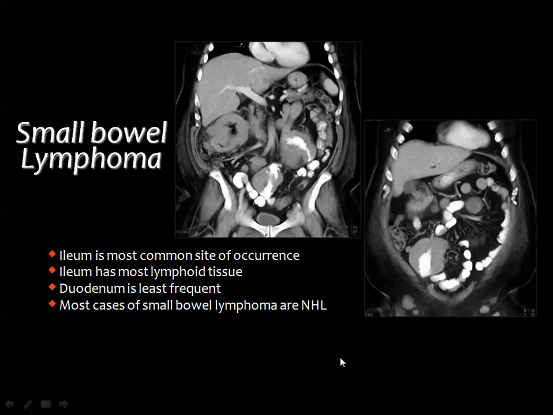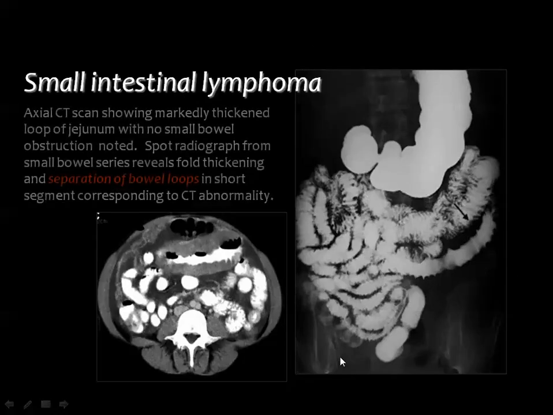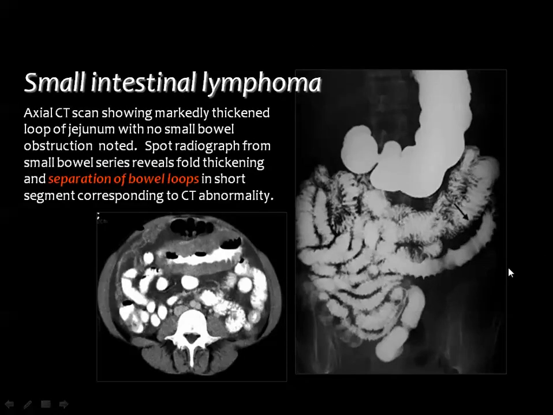Here, you see this mucosal irregularity and spiculation, and also the separation between this loop and the other loops, and this is explained on the basis of mural thickening of this pathologic loop, which is confirmed by the CT scan, and you see the diffuse mural thickening, encroachment on the bowel lumen.